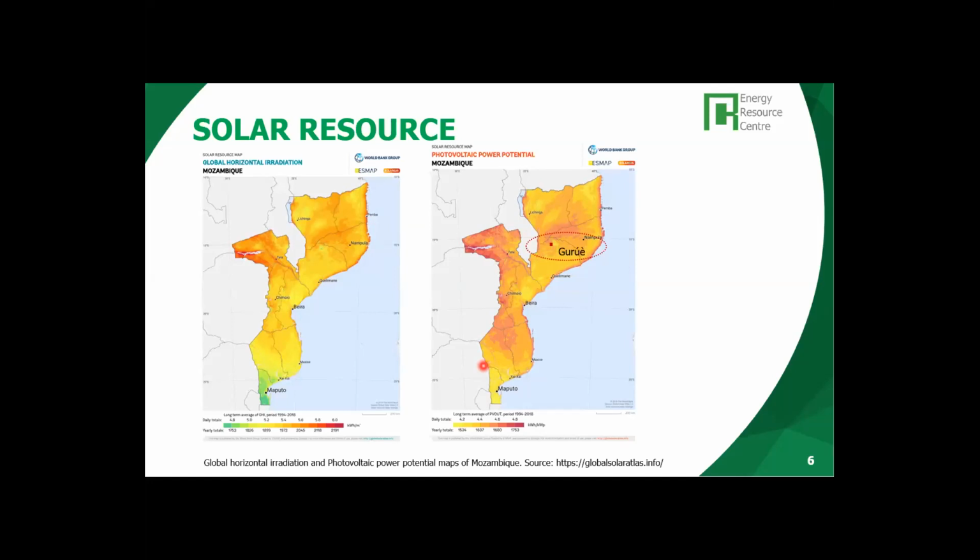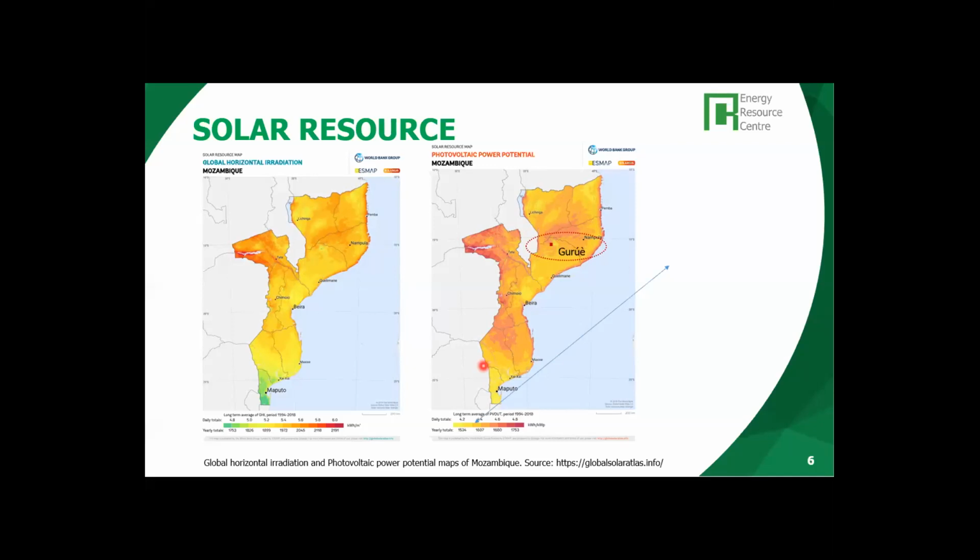And in this example we are following, we can use the map on the right, because if you remember, the map on the right is already considering a high performance ratio that we said is only applicable, or really accurate in our recommendation, to be used in grid connected applications. Okay, so we take a look at where the Gurue area would be, and according to the color code, this map can be checked out in detail.